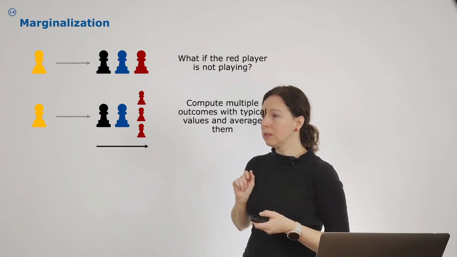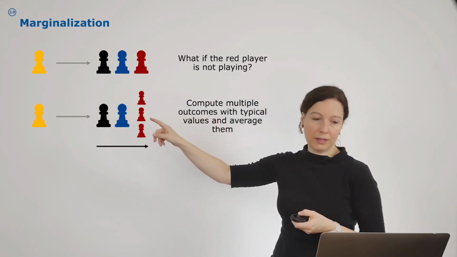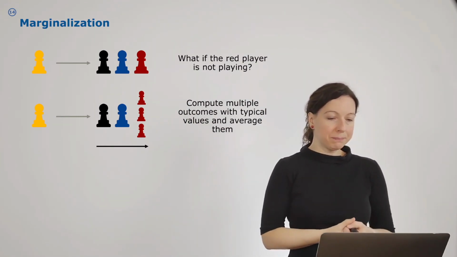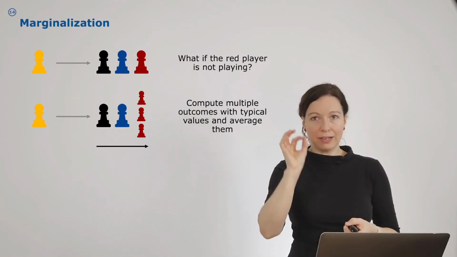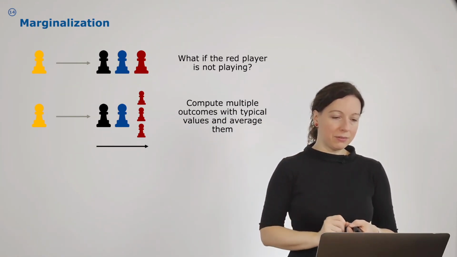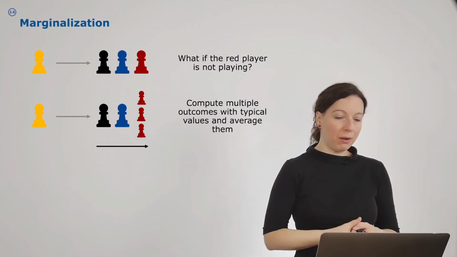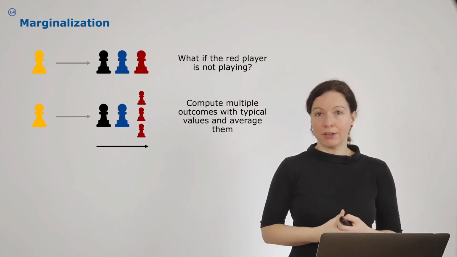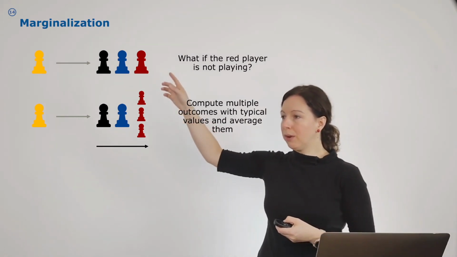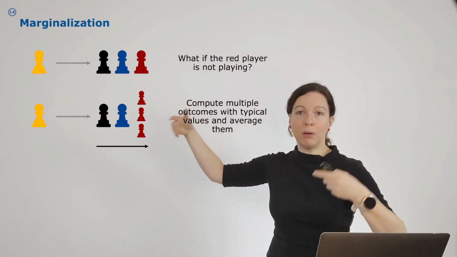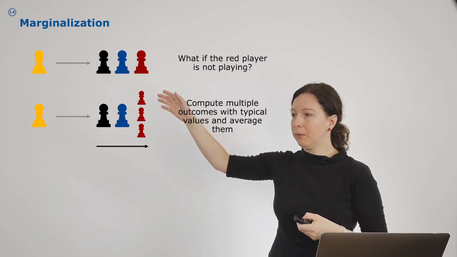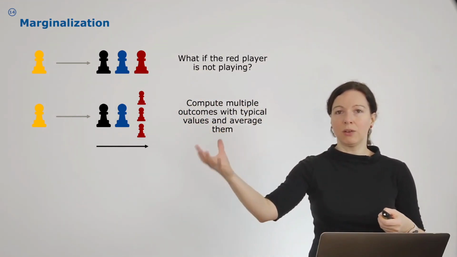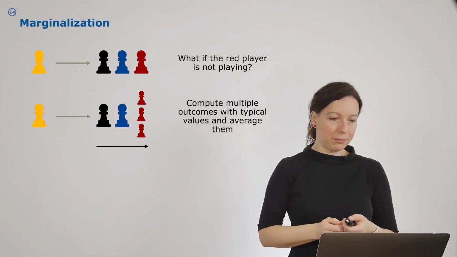What you do is select multiple values of the red player, compute multiple outcomes with these typical values, and average them. So you get rid of a specific value of the red player. You just test everything that can happen. So you marginalize out the effect of the red player.